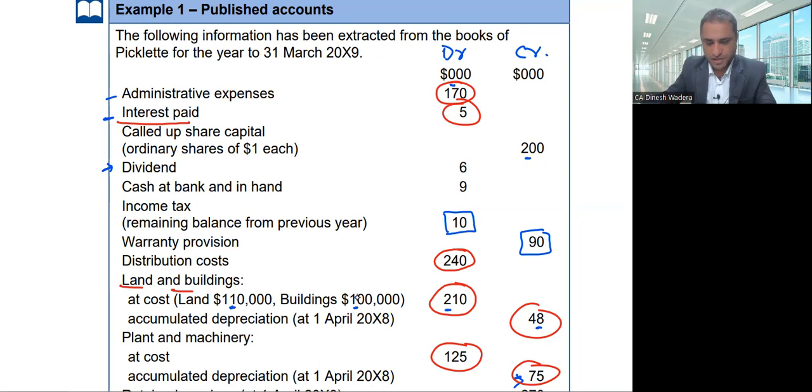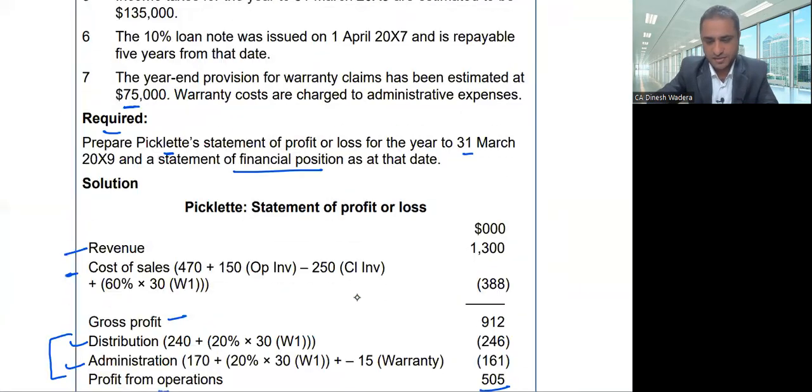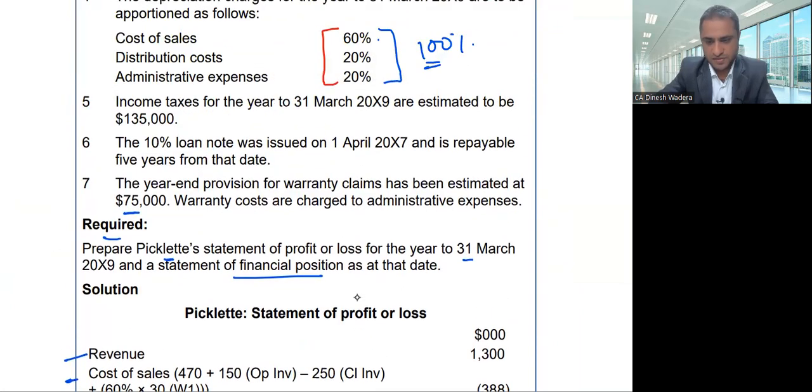Warranty provision we have to adjust. Will it be considered an operating or a non-operating expense? Have they given something? Yeah, this information. Warranty costs are charged to the administration expenses. All right.